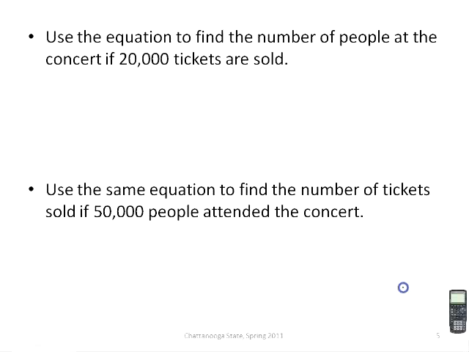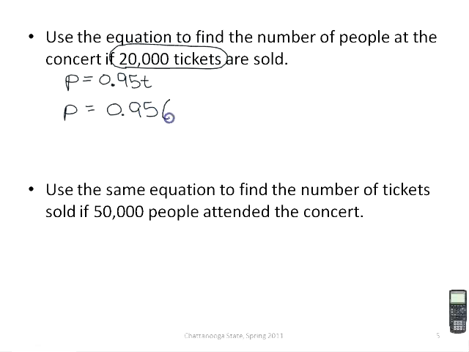Use the equation to find the number of people at the concert if 20,000 tickets are sold. So here's my equation. P equals 0.95 T. This time I know that I want to use 20,000 for the number of tickets. So P would equal 0.95 times 20,000.